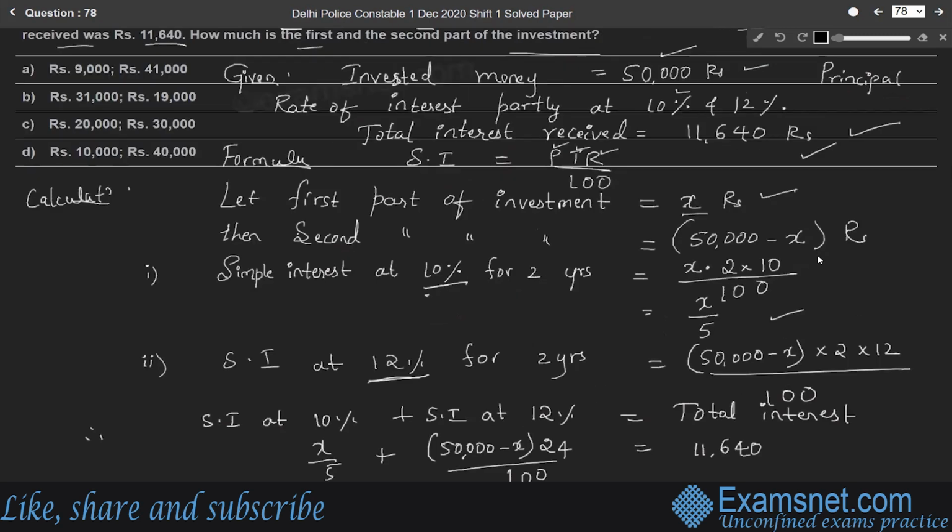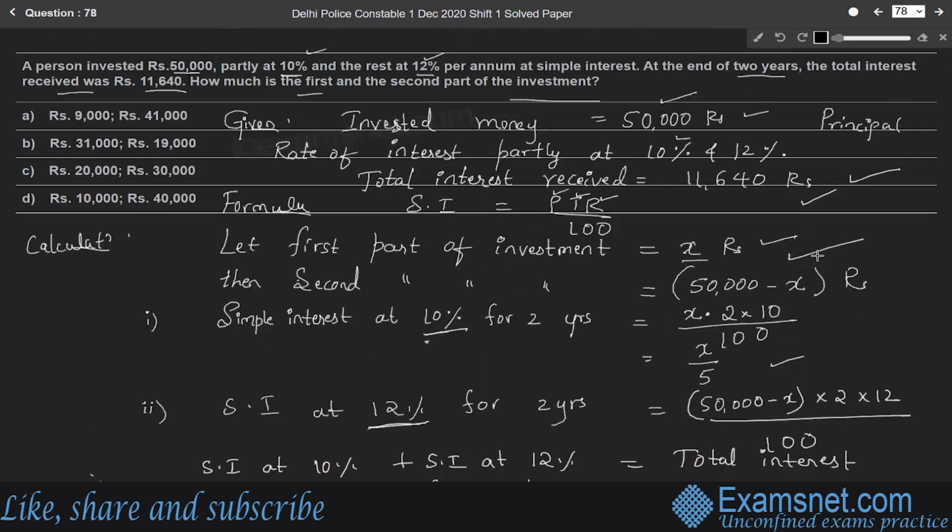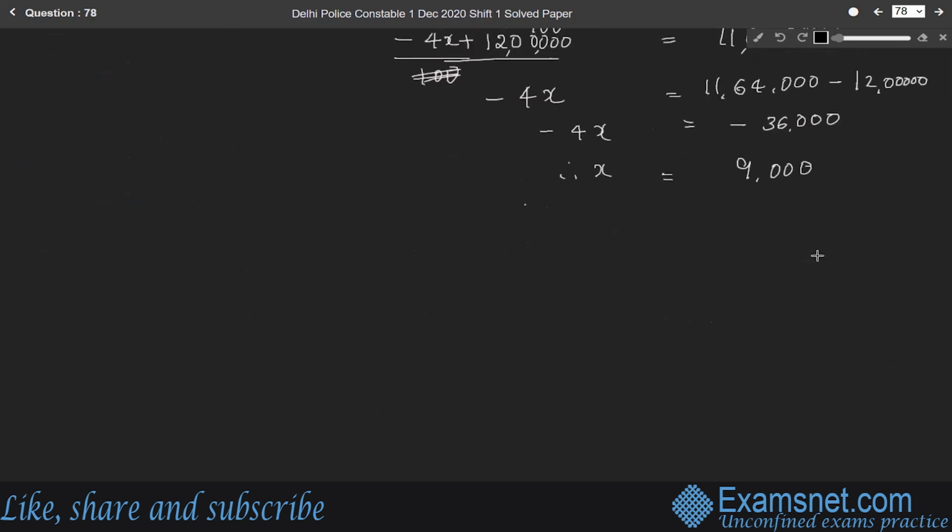So what is x here? First part of investment. In the question, how much is the first and second part of investment? Therefore, first part of investment is equal to 9,000 rupees.